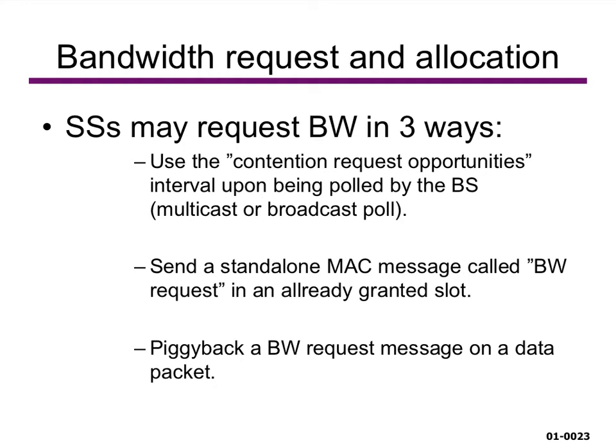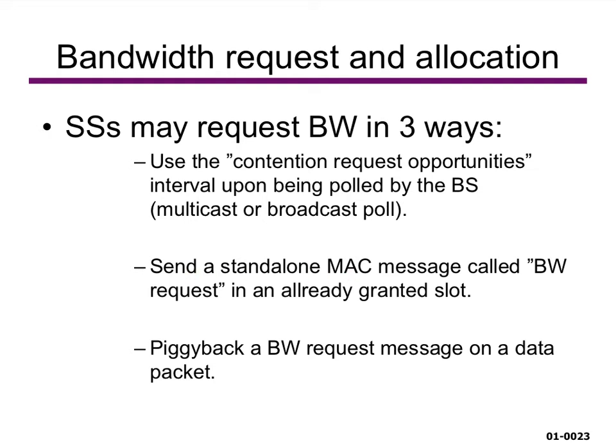In that case, the subscriber stations have 3 different ways to request or provide some information to the base station so that the base station can assign certain bandwidths to them. One is to use the contention request opportunities when they are polled by the base station.